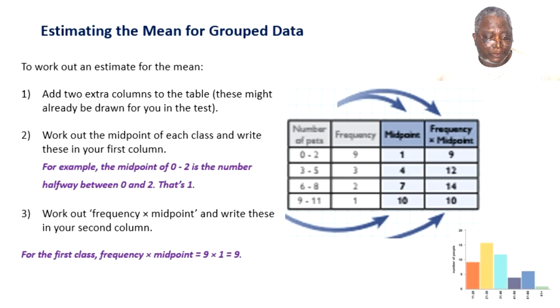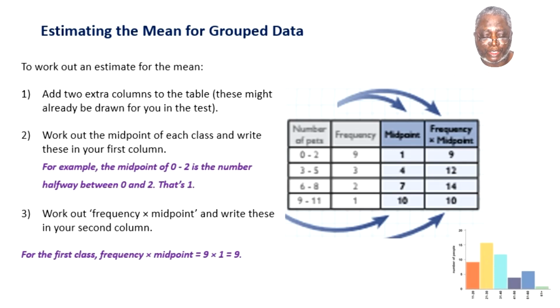Thirdly, work out frequency times midpoint and write these in your second column, as you've seen there. For the first class, frequency times midpoint is equal to 9 times 1, which is equal to 9.